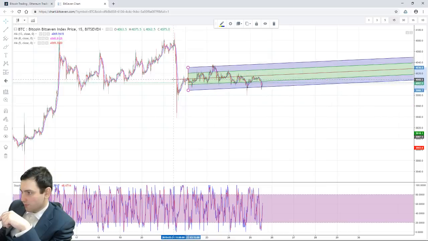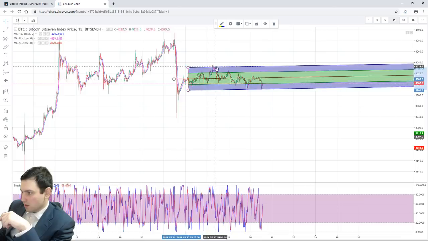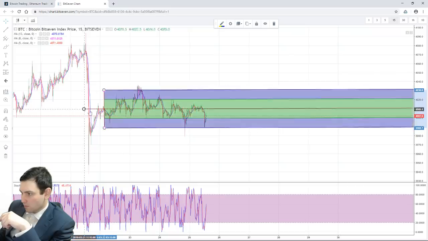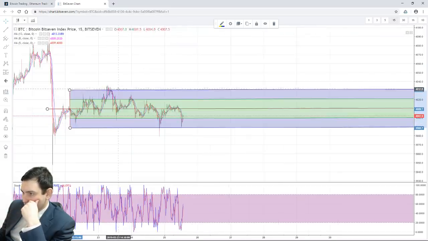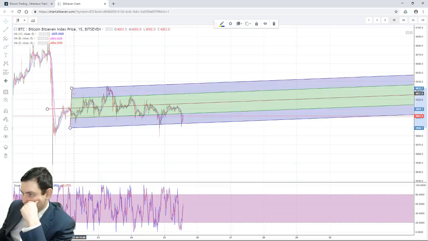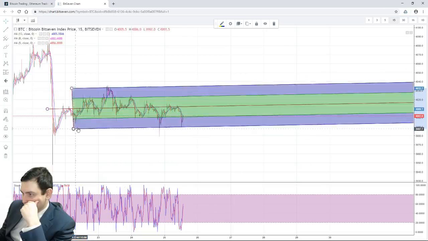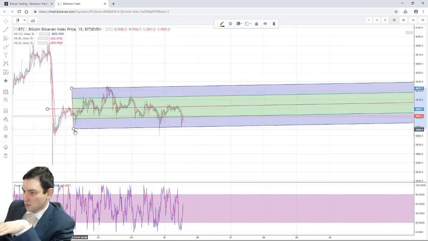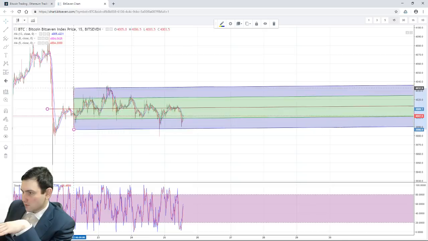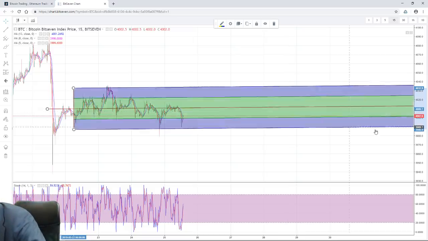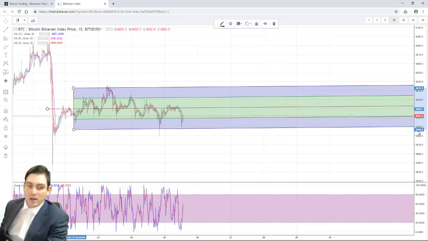We can draw a channel, and let's see. Generally, if we exclude those two peaks, it stays in this channel from 32 to 86.